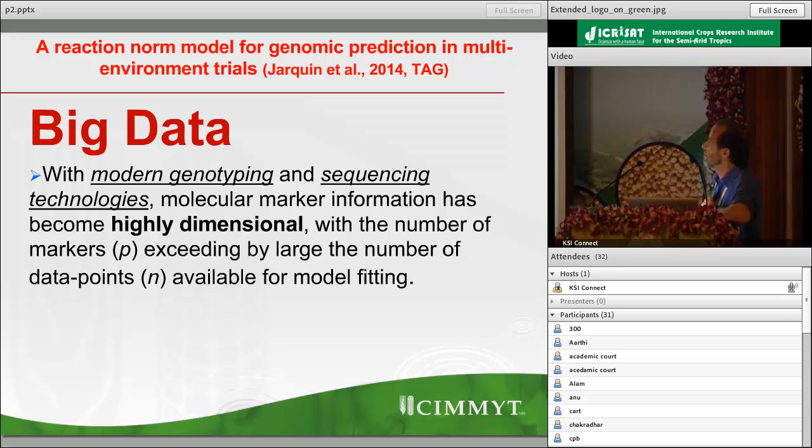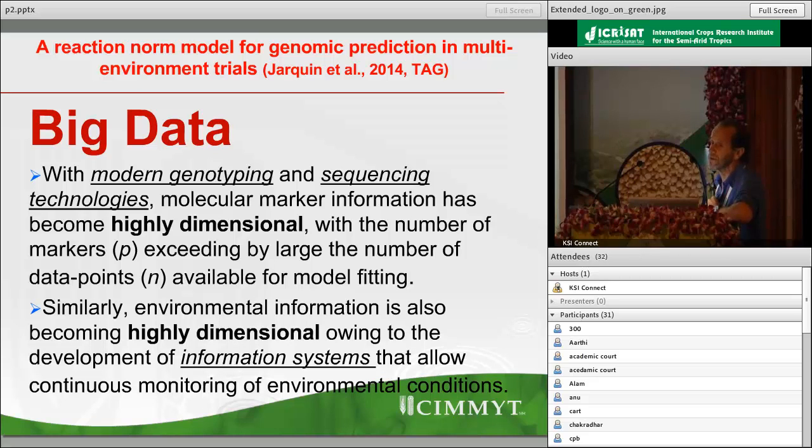The number of markers P heavily exceeds the number of observations, so P is much larger than N. Also, we accumulate a lot of environmental data, so this also is a highly dimensional matrix that we can use in the prediction assessment that we try to do.